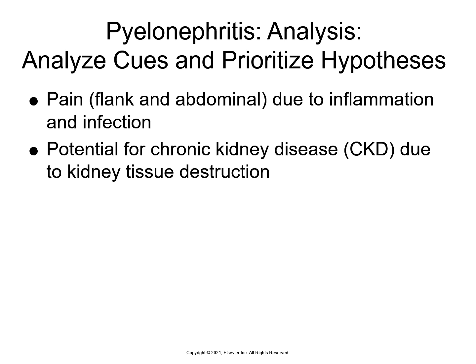Your secondary priority is, of course, to take care of this infection because they will have a potential for chronic kidney disease because of kidney tissue destruction. Remember, this is in the kidney itself. It's not the bladder, it's not the ureters, it is in the kidney parenchyma. So you want to make sure that this is taken care of and that this is not going to turn into a chronic problem.